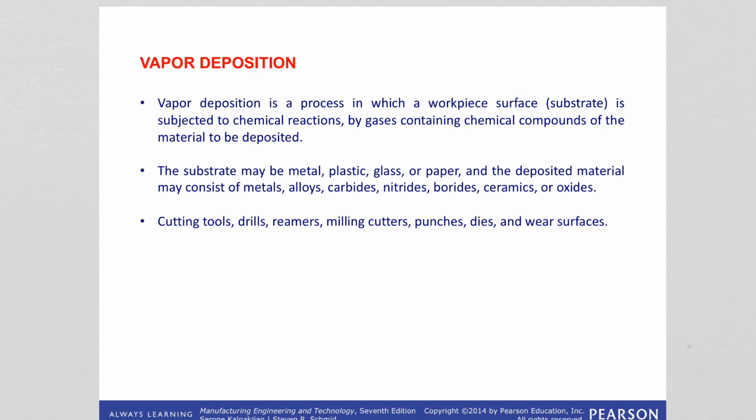The substrate can be a metal, plastic, glass, or paper. And the materials you can deposit are metals, alloys, carbides, nitrides, borides, ceramics, and oxides. So a lot of possibility. And typical applications are cutting tools, drills, reamers, punches, dies, wear surfaces, milling cutters.